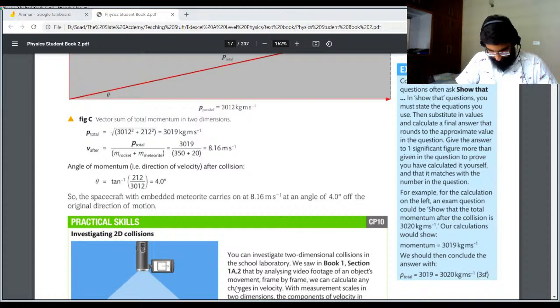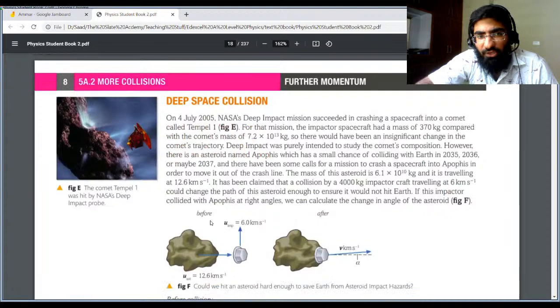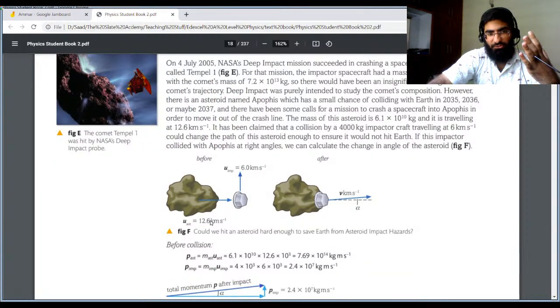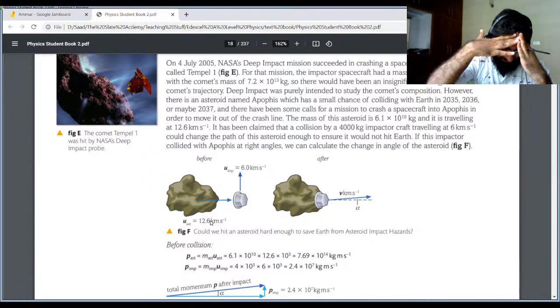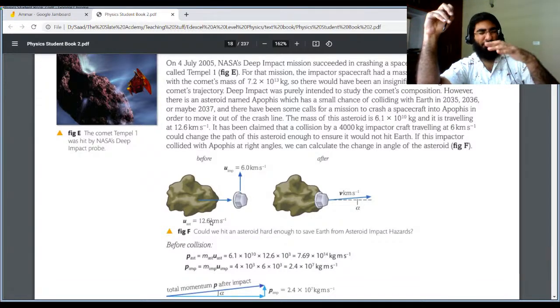Okay, sir. Wait, I have to read 18 also? Yes, please. It's again another application of having known this concept. Now they're giving you a situation where they had this asteroid whose course they had to turn about.